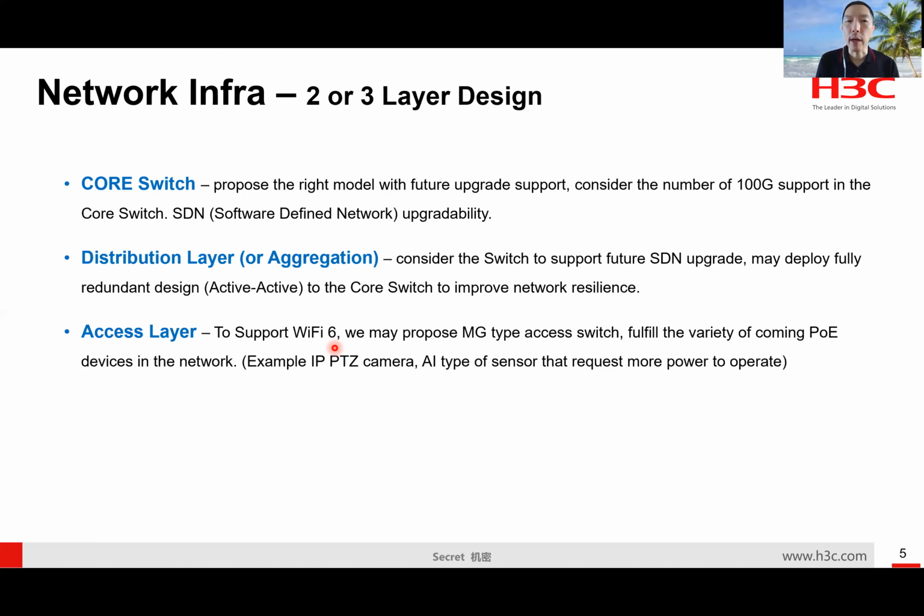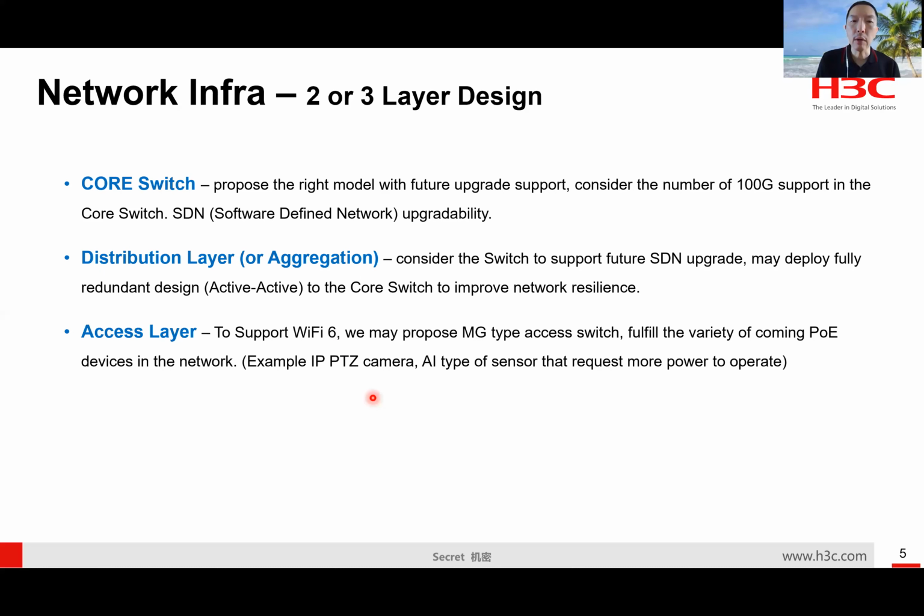For the access layer, to support Wi-Fi 6 or other high-bandwidth devices, we need to propose multi-gigabit access switches. In future, the PoE power requirement will be higher and the speed requirement will be higher. We are talking about the UPoE standard as one of the new standards; maybe next time I may share it with our partners.